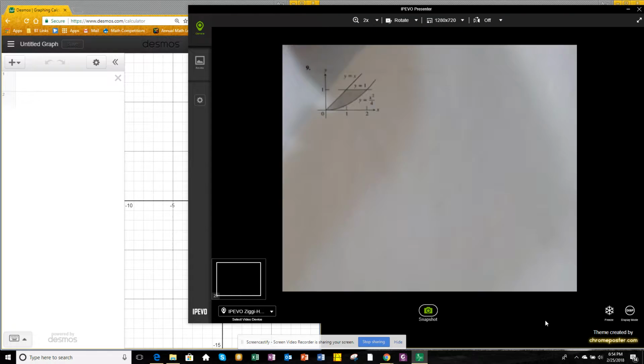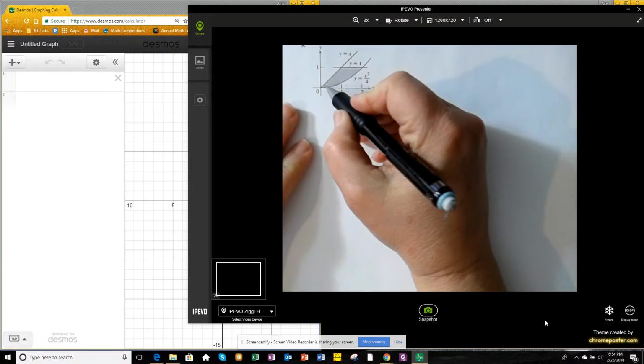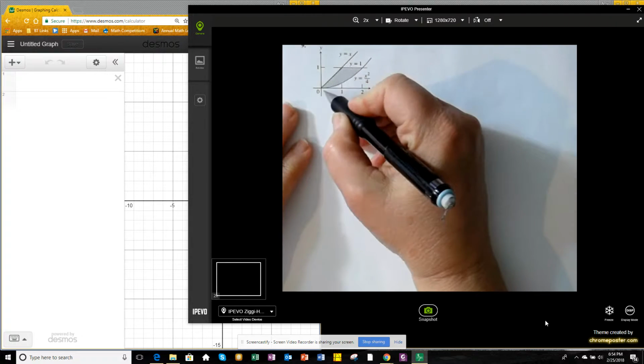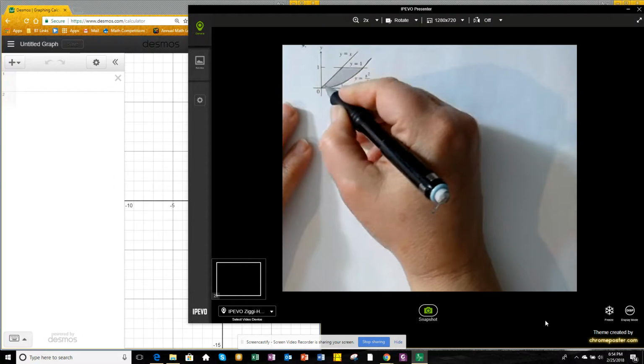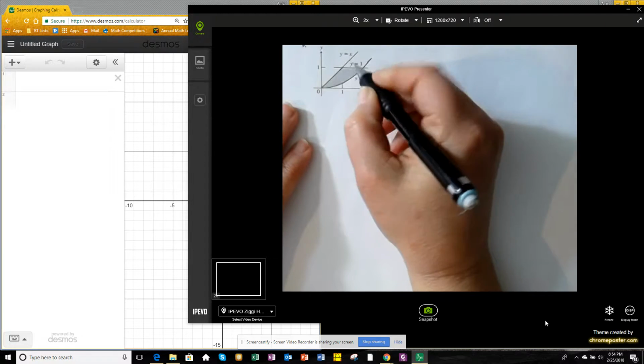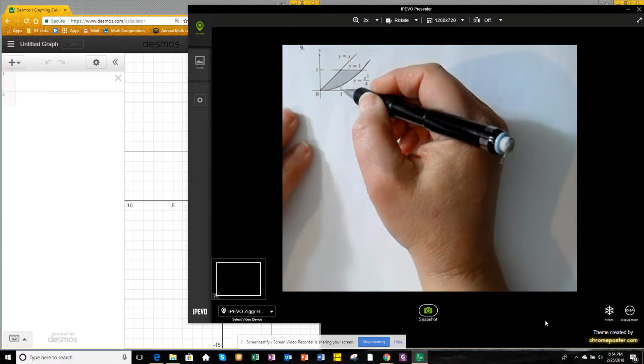Now, number 9 is a non-calculator question, and we have to set up two integrals here because I have one function that's the upper, and this is the lower function for the whole thing, but I have two different upper functions. So I have to bust up the integral in the middle here.